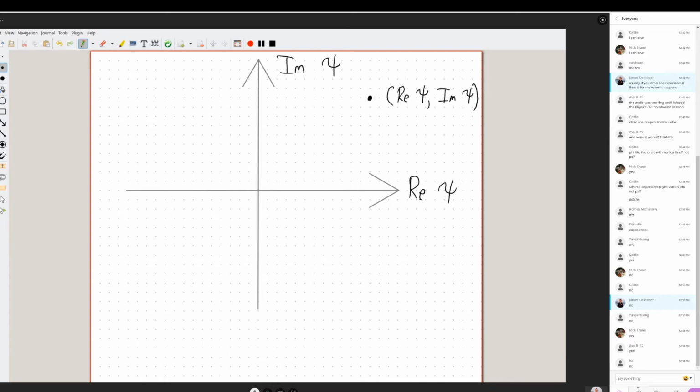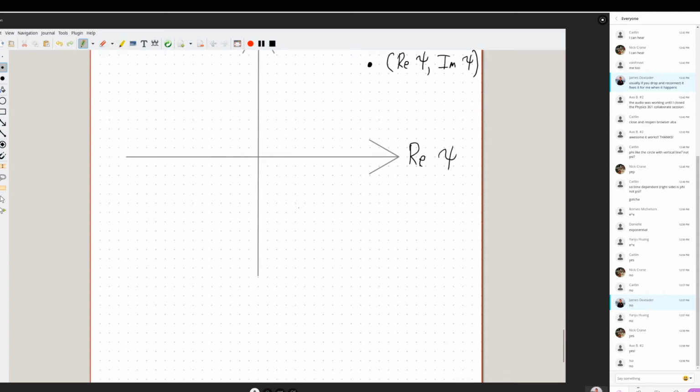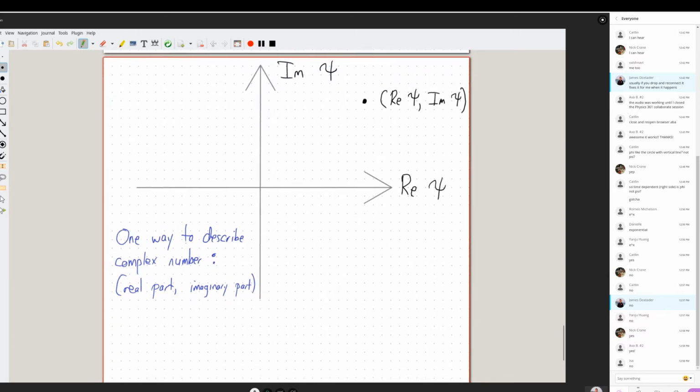So here I've got a complex number. It is that point, and one way to describe a complex number is to give you its real part and its imaginary part in Cartesian coordinates like this.